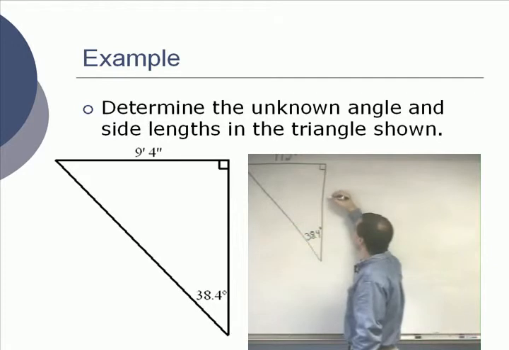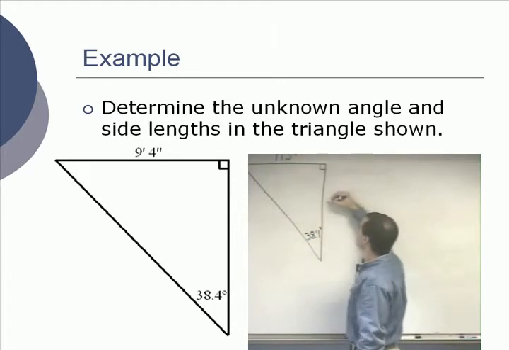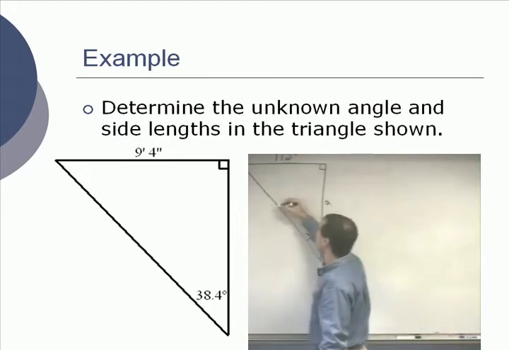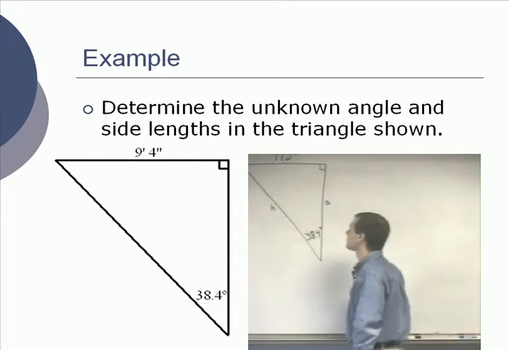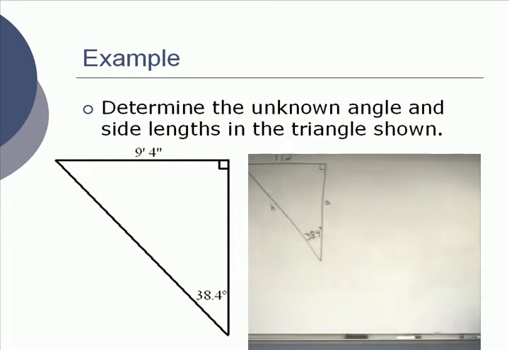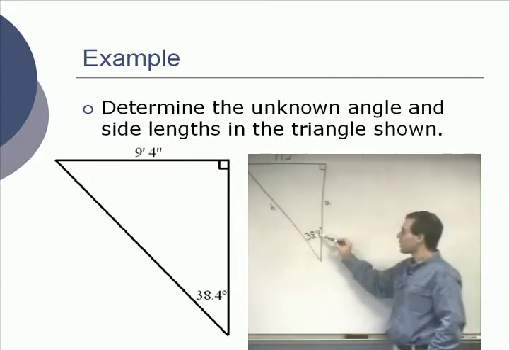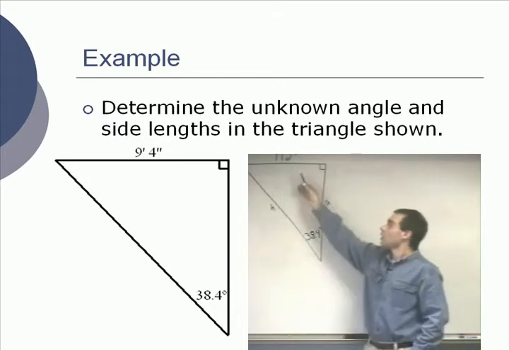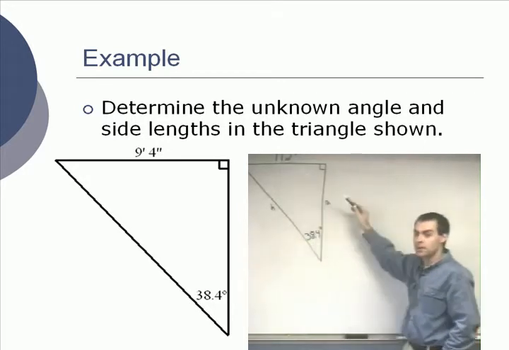Let's say that the adjacent side here, let's call that A, and hypotenuse we'll call H. So we want to find, let's start with the adjacent side. We know what our reference angle, or our angle of choice here, 38.4 degrees, this is going to be our angle. We know the opposite side, and we're trying to find the adjacent side.